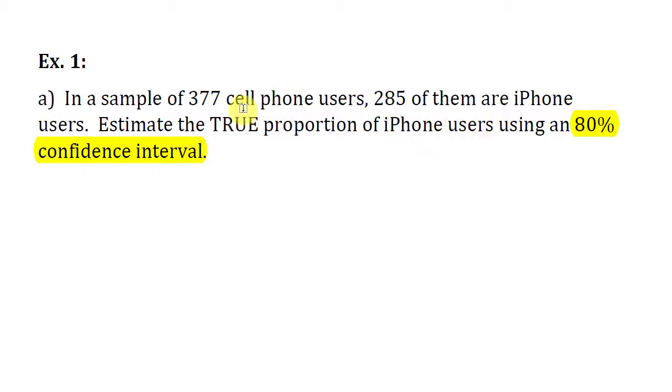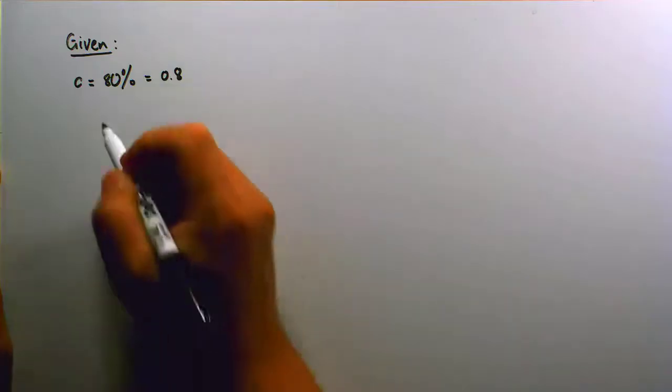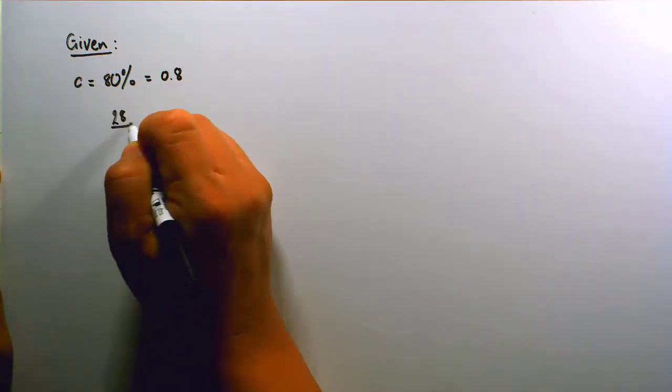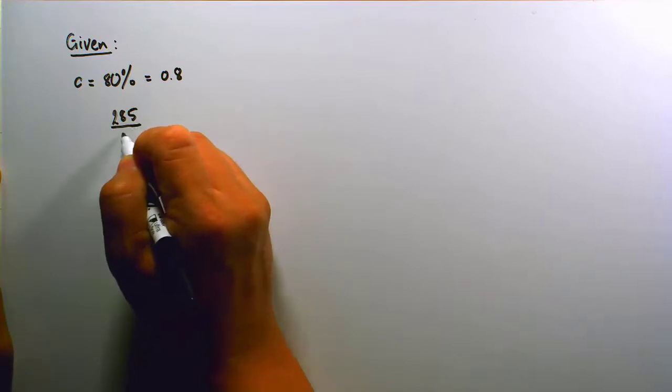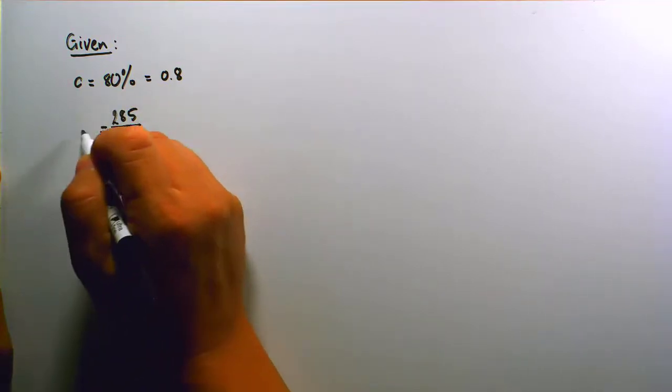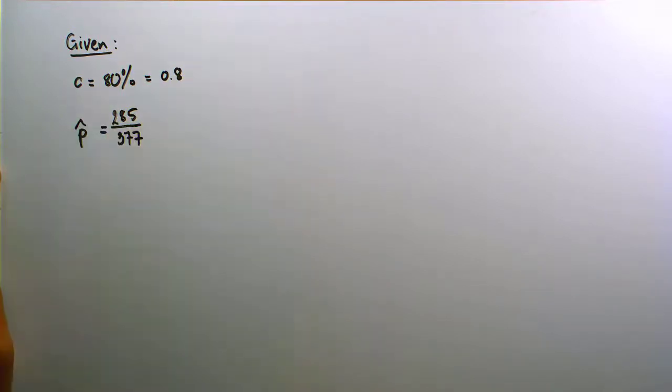And so what we have here is only a sample of 377 cell phone users globally. We found 285 of them are iPhone users. And so that proportion here that we have, 285 over 377, this is regarded as p hat.